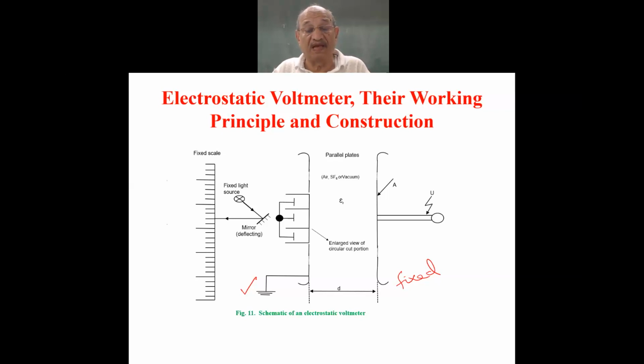If you use SF6 gas and vacuum, you can imagine you can make the size of the total electrostatic voltmeter, that means that of the plate and everything, very compact, because the breakdown strength of SF6 gas is 3 times that of air, and vacuum is even something like 5 times that of air. So people have replaced the air with SF6 gas and vacuum in between as a dielectric. This is the dielectric, and as I mentioned, it is here.